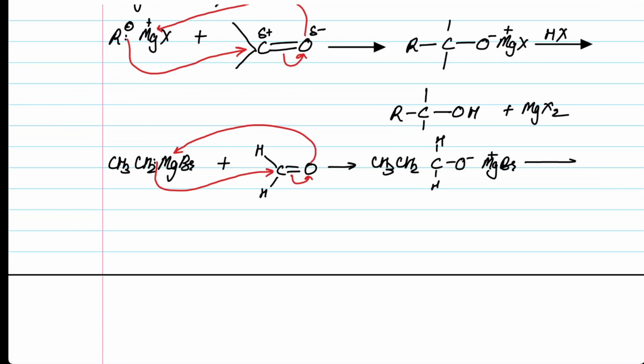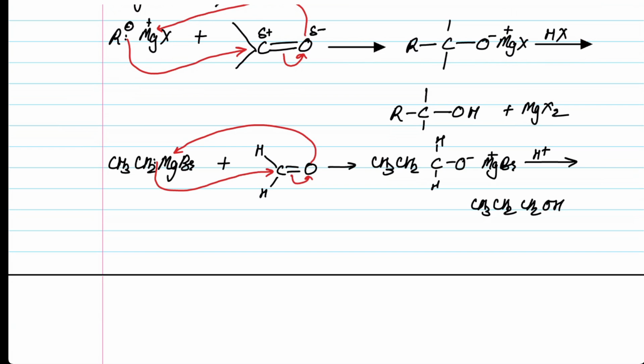This on addition of H plus would give us CH3CH2CH2OH. As you can very well see, the product that we have obtained contains one carbon more than the organic reactant, that is the Grignard reagent. So this again is termed a step up reaction or upgradation reaction.